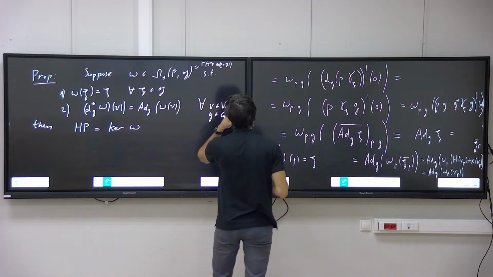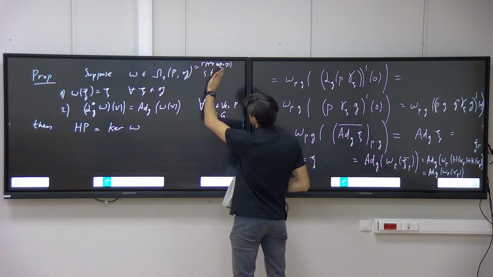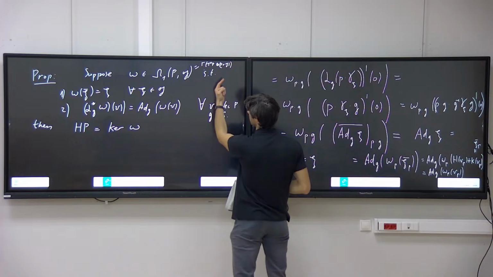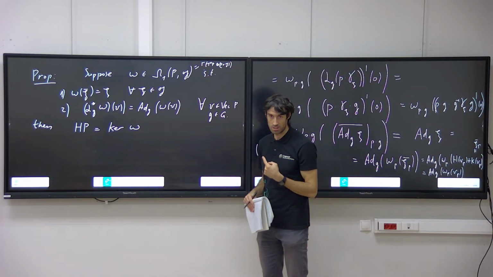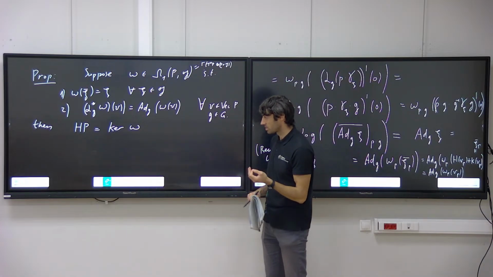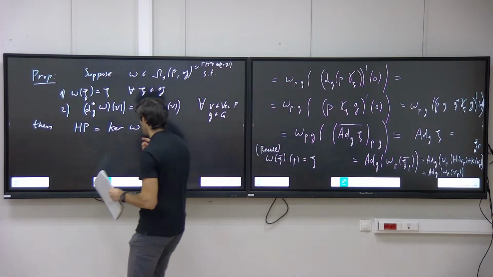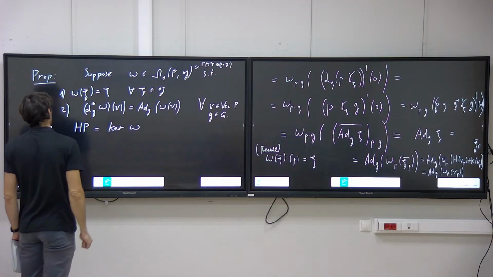So at each point P, I choose the subspace of vectors such that plugging into omega, I get 0. Okay, so this gives me some subbundle of TP, which is just the kernel of omega.